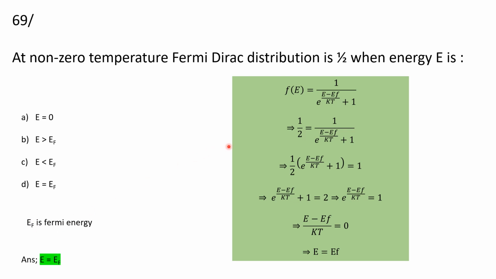The Fermi-Dirac distribution is f of E equals 1 by e to the power (E minus EF) by kT, plus 1. By putting f of E equal to 1 by 2, we find that E should be equal to EF, the Fermi energy. So option D, E equal to EF, is the correct answer.